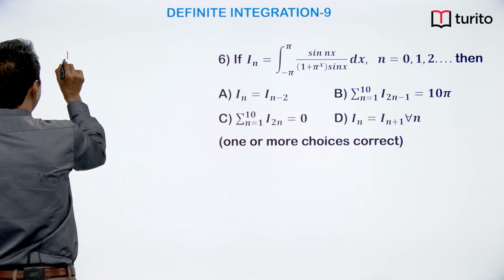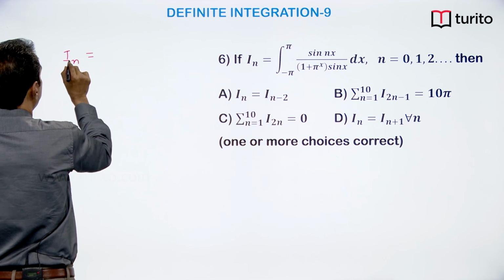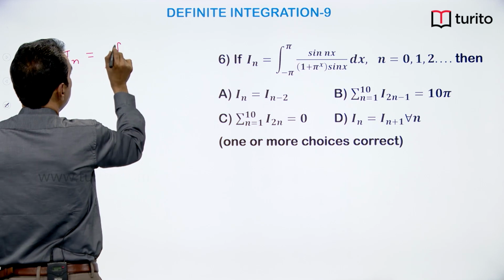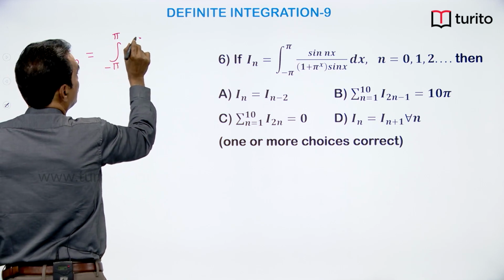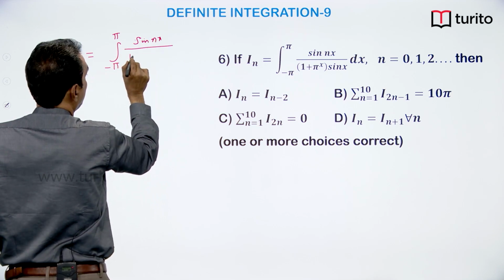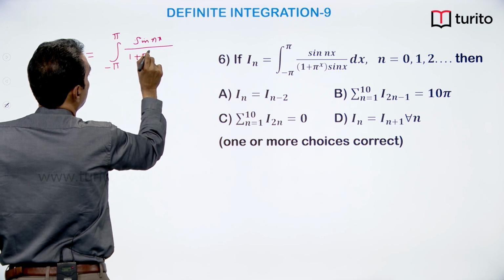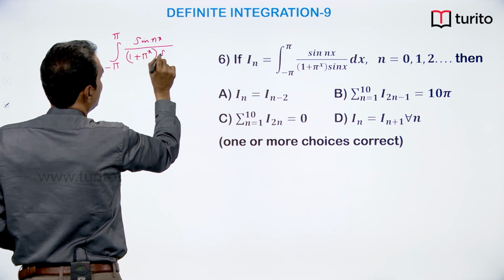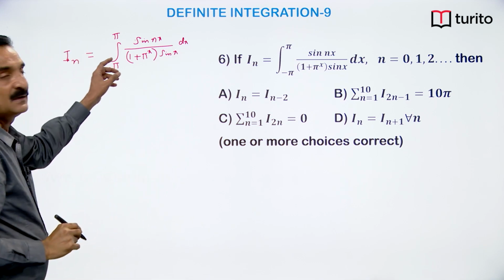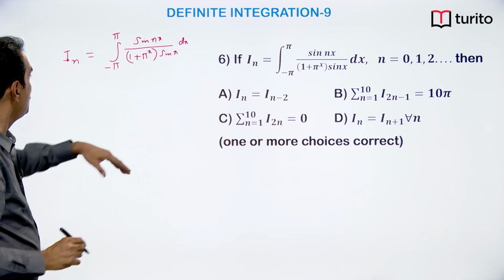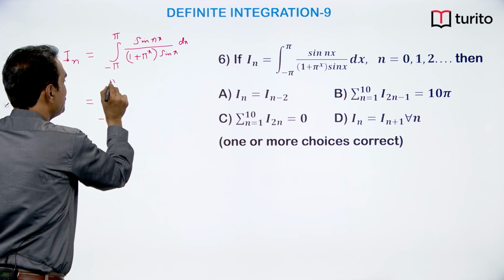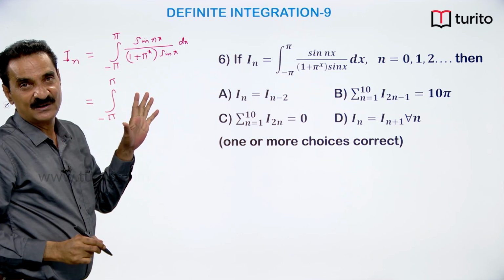So, first you write I_n is equal to integral minus pi to plus pi, sin nx by (1 plus pi power x) into sin x. So, using the property replacing x by minus x, it remains same, minus pi to plus pi, sin nx by sin x remains same.